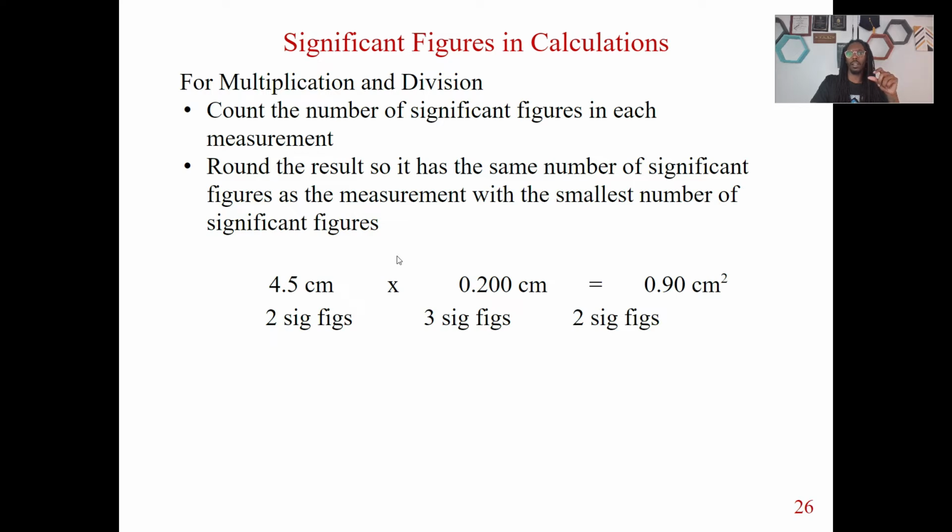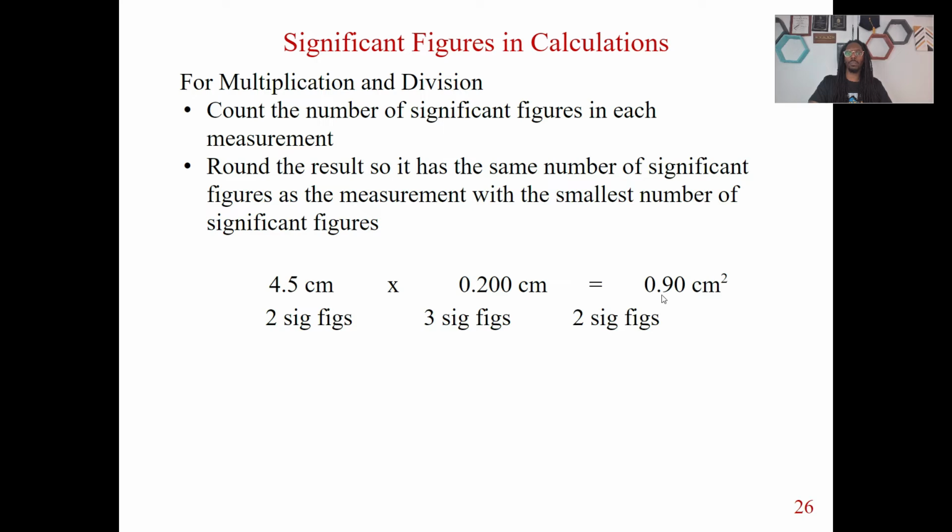So this is the smallest number of sig figs I have. So my result, when I multiply these, must be 2 sig figs. So when I multiply 4.5 times 0.200, I'm probably going to get whatever number. You want to make sure that the final number only has 2 sig figs.